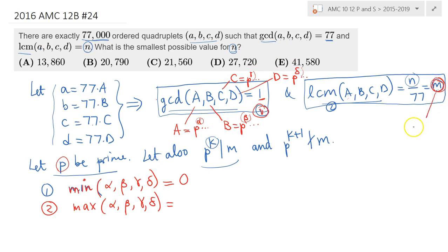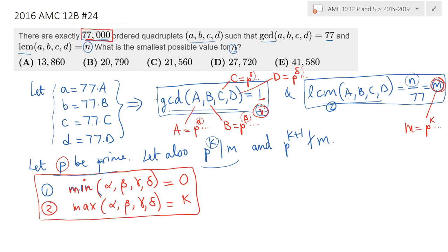But we decided m is equal to p to the k and some other stuff in its prime factorization, so it has to be k. And that's it. So the question now reduces to finding the number of solutions to this system and setting it equal to 77,000, obviously.